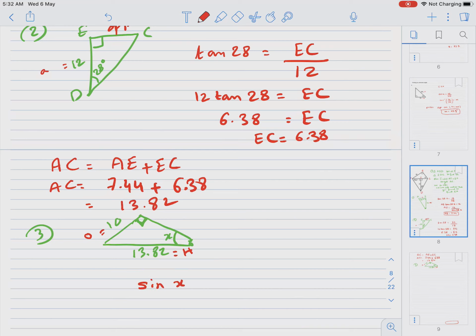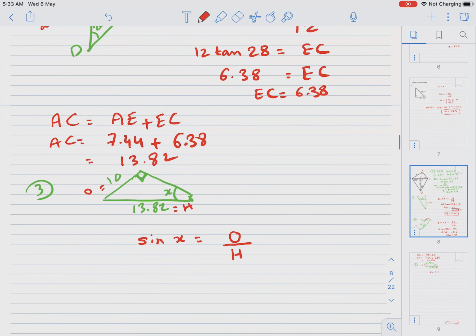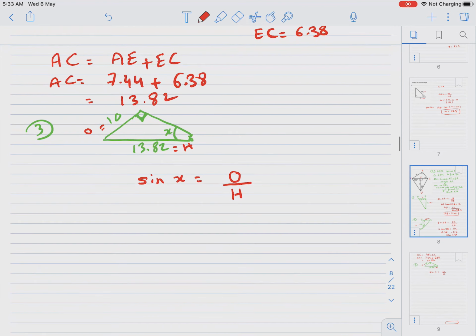Sine X is equal to opposite over hypotenuse, so sine X is equal to 10 over 13.82, and to find angle X, X is equal to sine inverse 10 over 13.82.